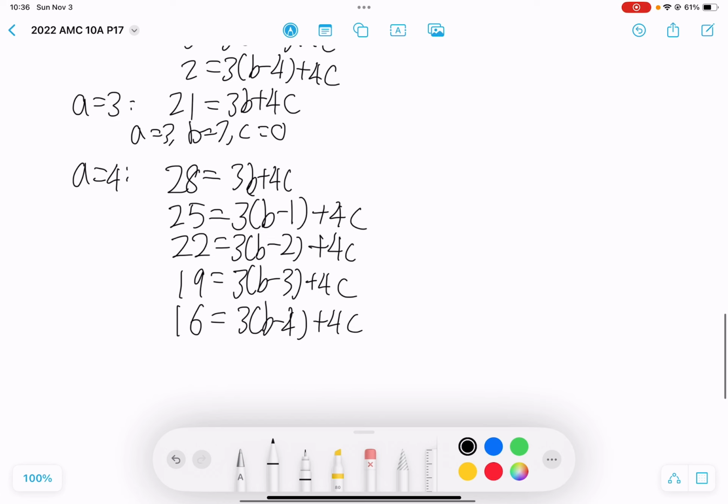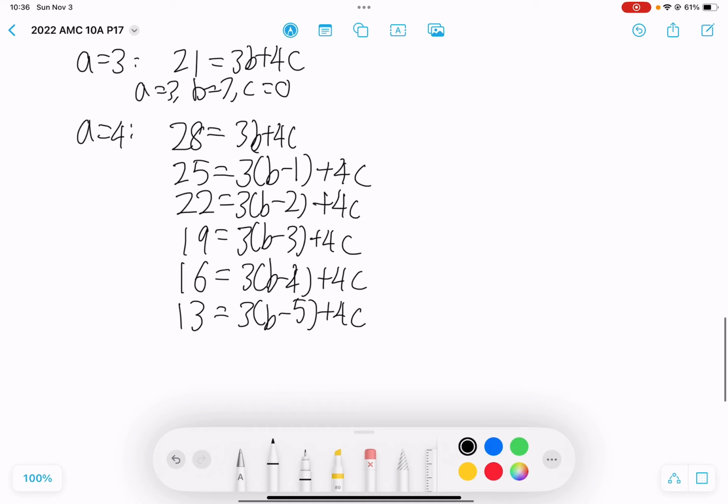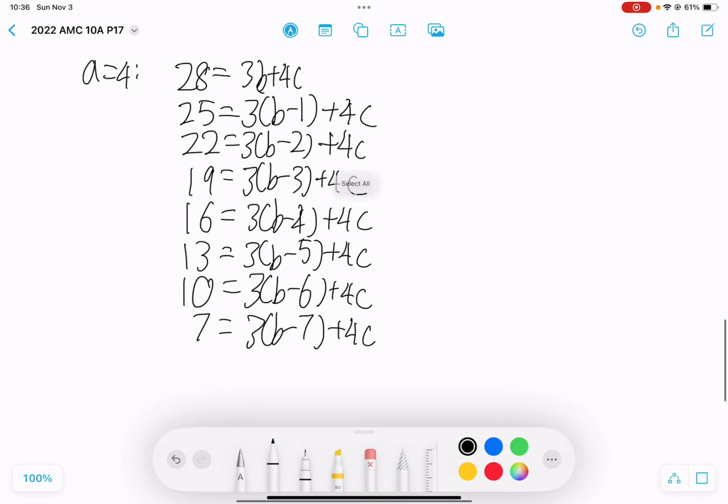Now c equals 4 and b equals 4 for 16, so this doesn't really add to any solutions. Let's keep going on. 13, 3 times b minus 5 plus 4c. 10, 3 times b minus 6 plus 4c. 7, 3 times b minus 7 plus 4c. And 4 equals 3 times b minus 8 plus 4c.